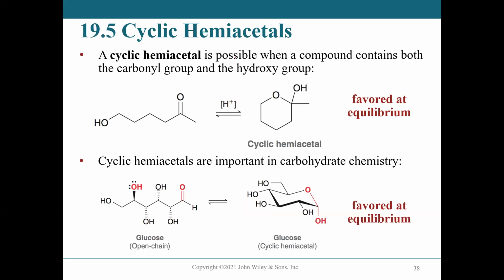A cyclic hemiacetal is possible when a compound contains both the carbonyl group and the hydroxy group. This is a cyclic hemiacetal. And cyclic hemiacetals are important in carbohydrate chemistry. And this is favored, they're both favored at equilibrium.